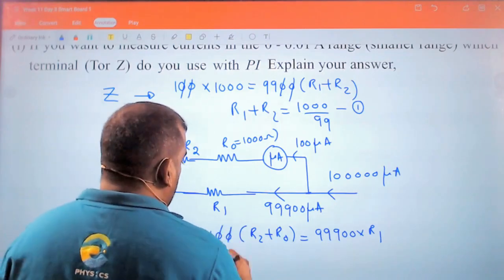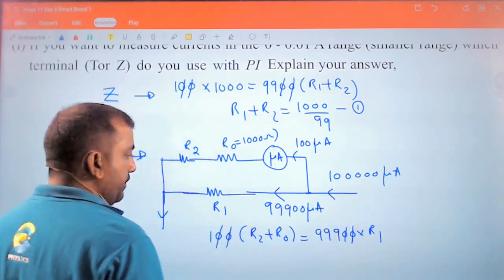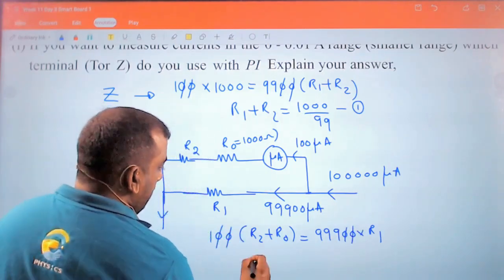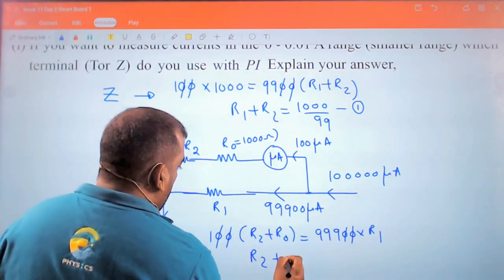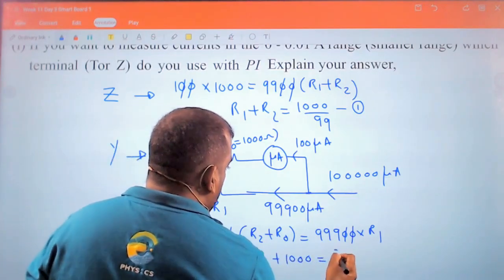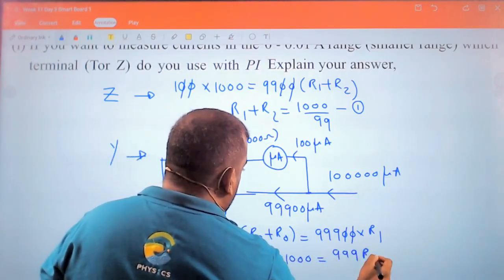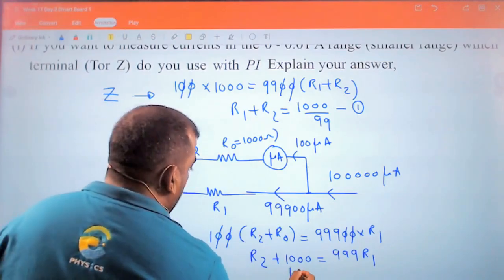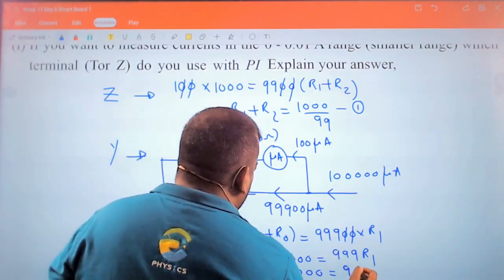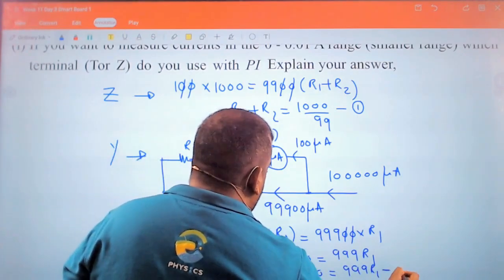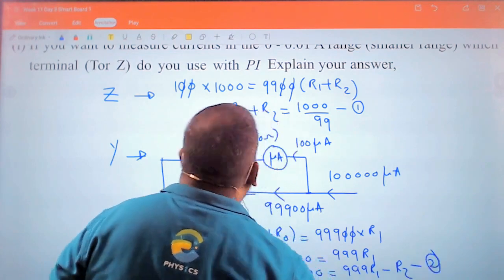Micro cancels off. Here R2 plus 1000 equals 999 R1. Simplify: 1000 is 999 R1 minus R2. Equation number 2.